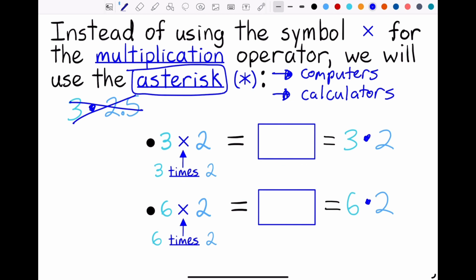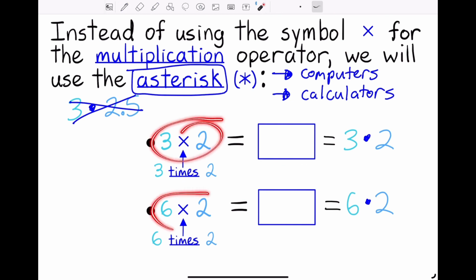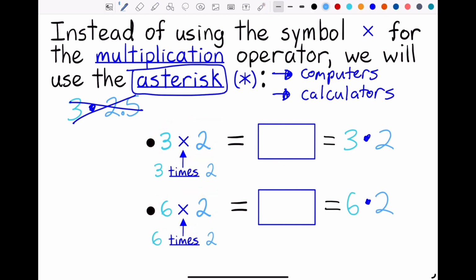So we can do the same process with 3 times 2 and 6 times 2. For 3 times 2, we keep the 3 and the 2 the same, just like we did with the dot, and then we put the asterisk in the middle. And the same thing with 6 times 2. Keep the 6 and the 2 and put the asterisk in the middle.